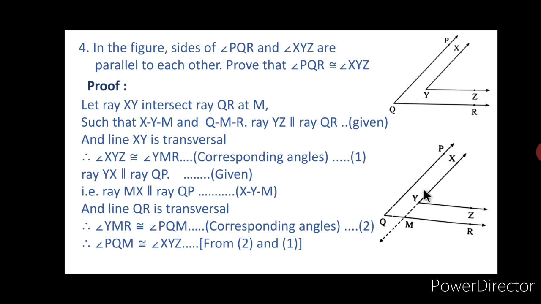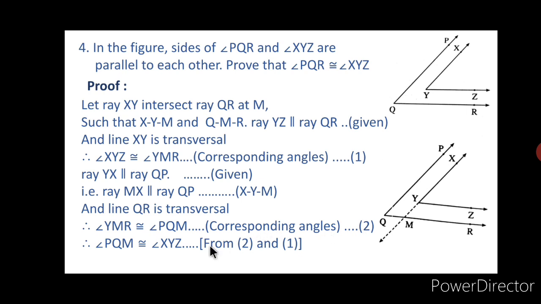Then ray YX is parallel to ray QP and line QR is transversal. Then angle YMR is congruent to angle PQM because these are the corresponding angles, and that is the second statement.